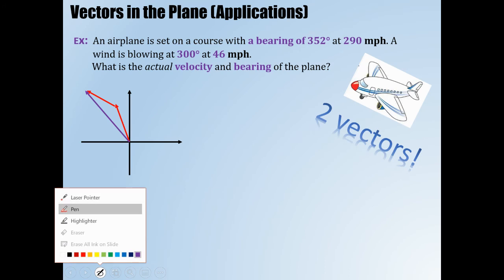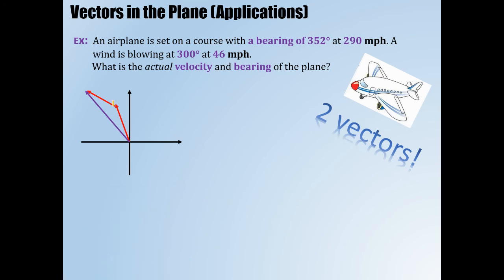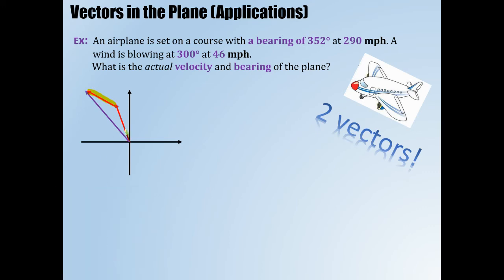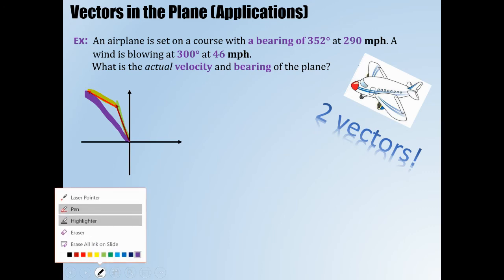So I figured out the component form of the wind and of the airplane. Now I need to figure out what to do with those to get the result. And you might know, you've got to add them.